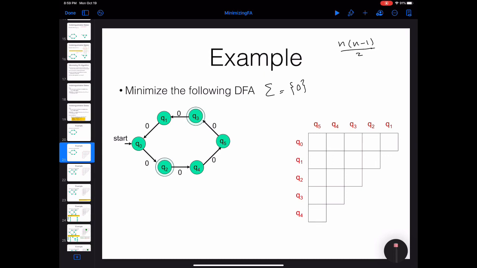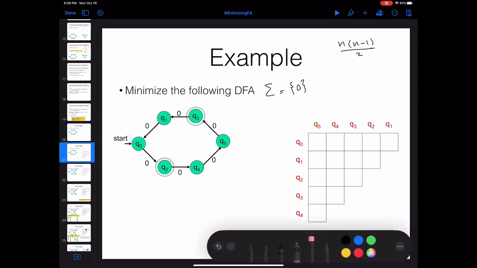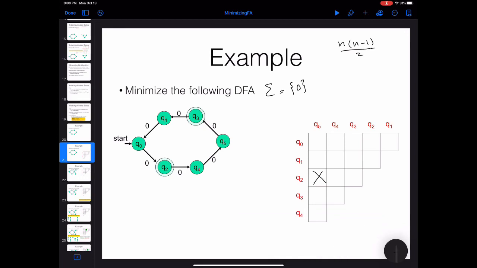So I'm going to show this information here in the table. Q2 is not going to be equivalent to Q4, Q5, Q0, and Q1. All those cells are going to be marked. Q2 is not going to be equivalent to Q5, to Q4.